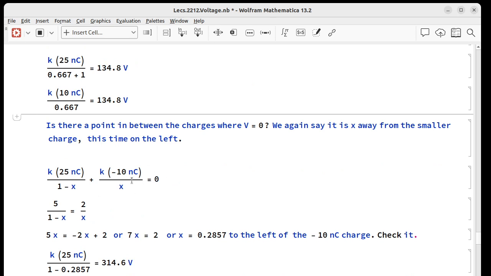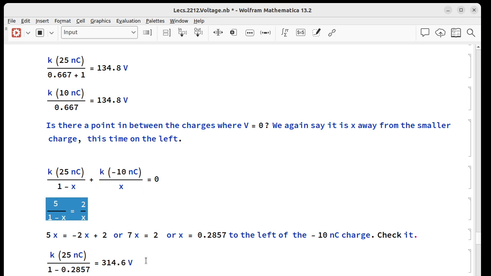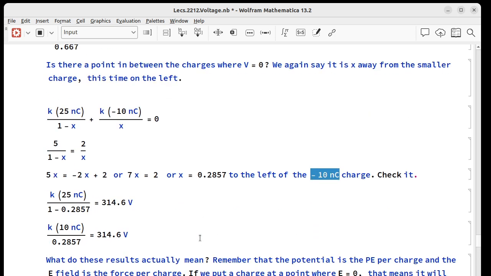We shuffle them around with some algebra. We move this one across the equality here, divide by k and 5 nanocoulombs, and we get this. Cross multiply again, we get this. So 0.2857 meters to the left of this charge.